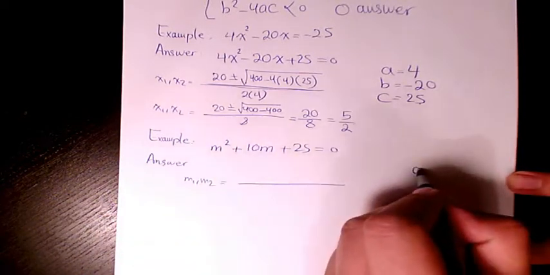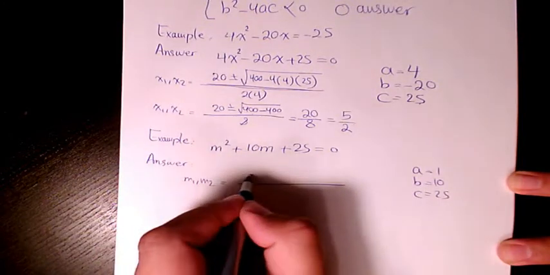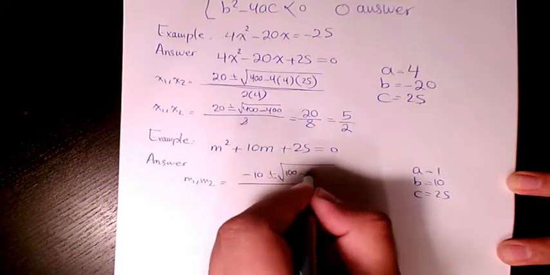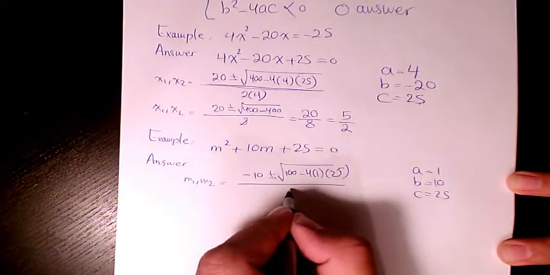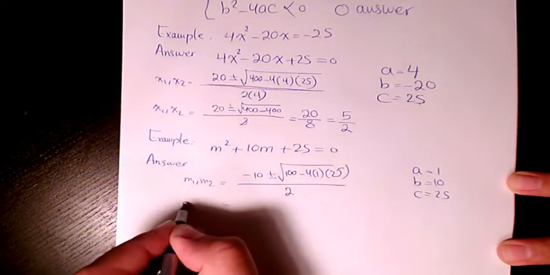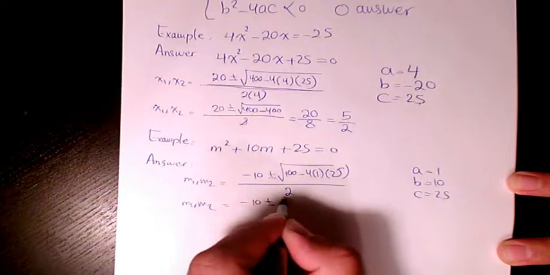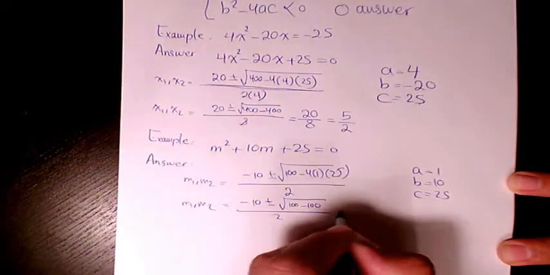Here a is 1, b is 10, c is 25. So it's going to be negative 10 plus minus the square root of b squared, which is 100, minus 4 times 1 times 25, over 2 times a, which is 2. That's negative 10 plus minus the square root of 100 minus 100, divided by 2.